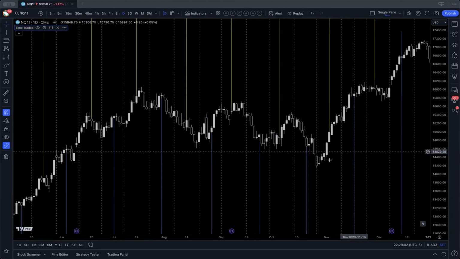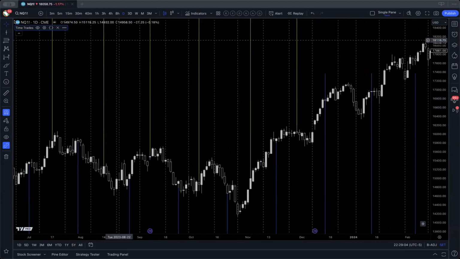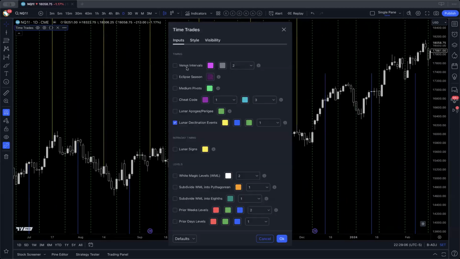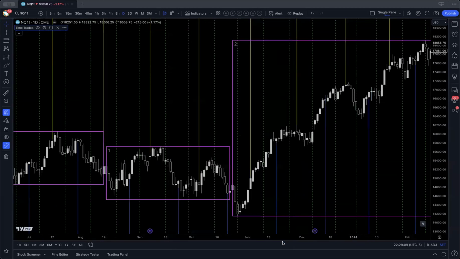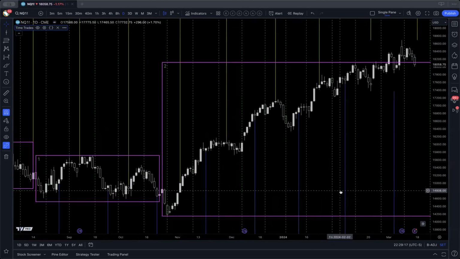And then the move up started here. And if I turn on Venus intervals, you'll see the move up started almost exactly the day we entered Venus interval 2, okay, our trending Venus interval.